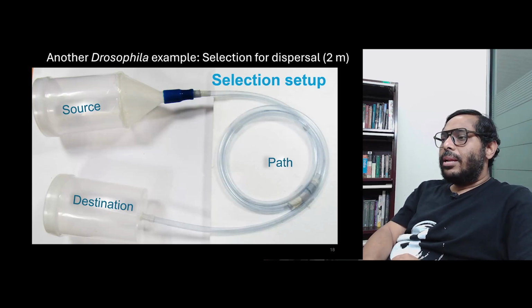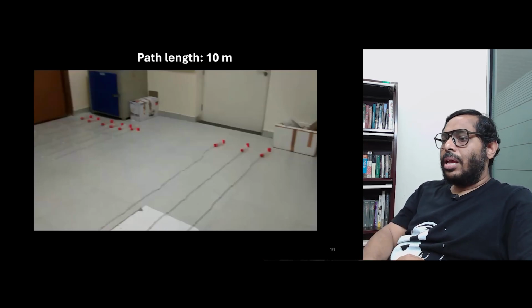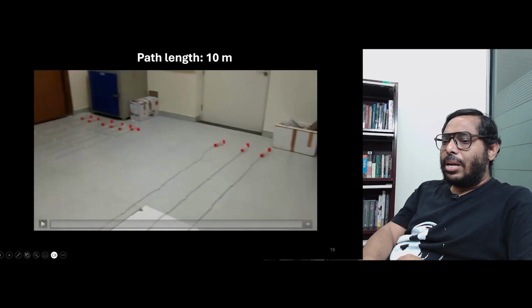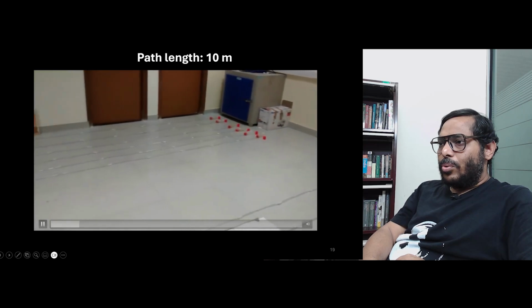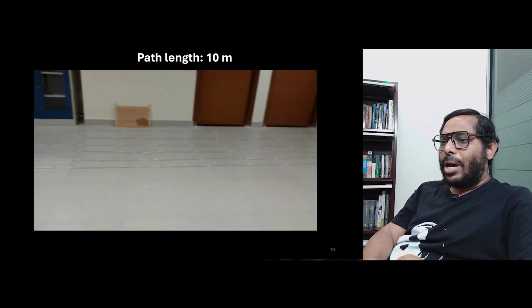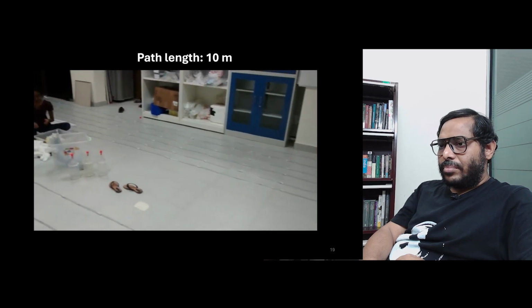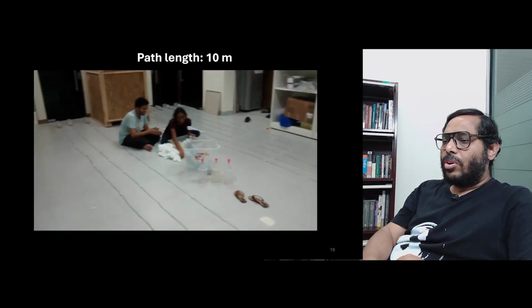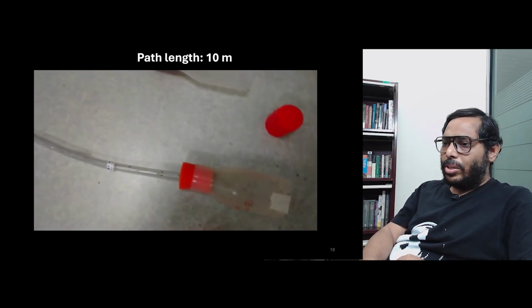After a few generations we had to increase the path length, and it became 10 meters, at which point it looked something like this. This is what a path length of 10 meters looks like, and here are two undergraduates from our institute just for scale.